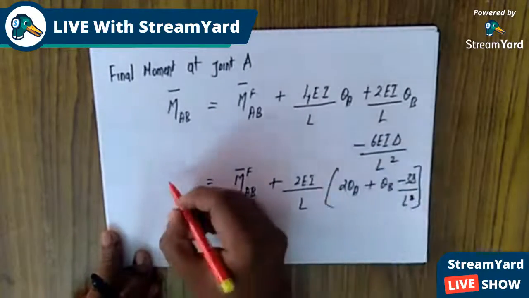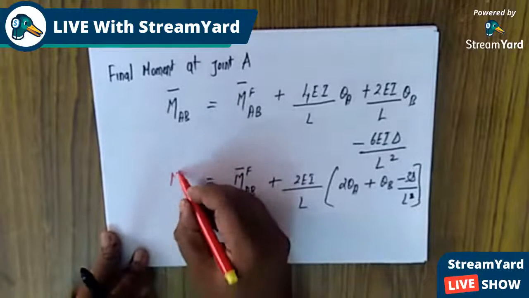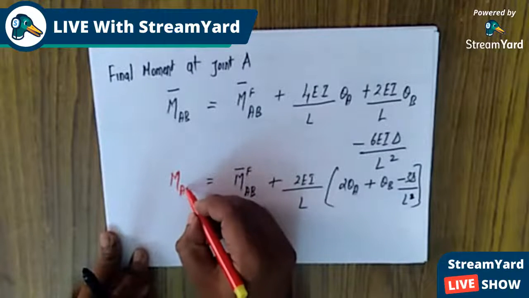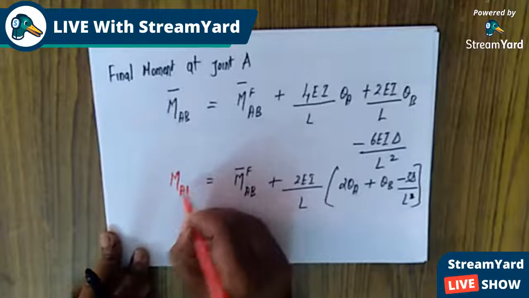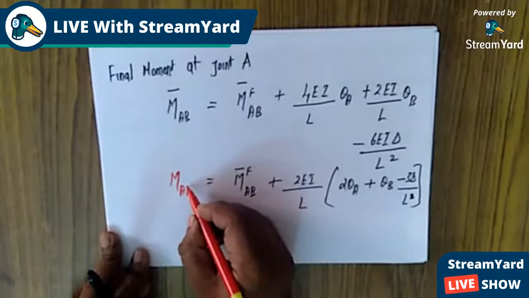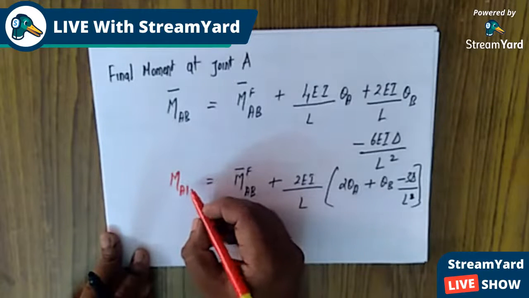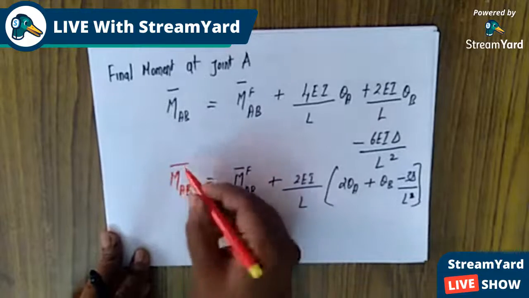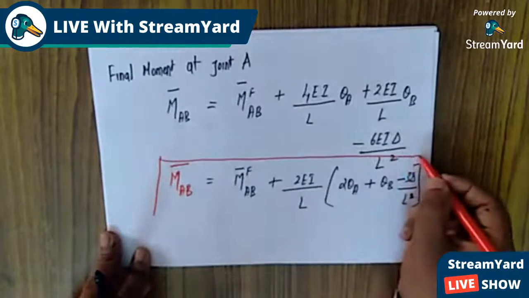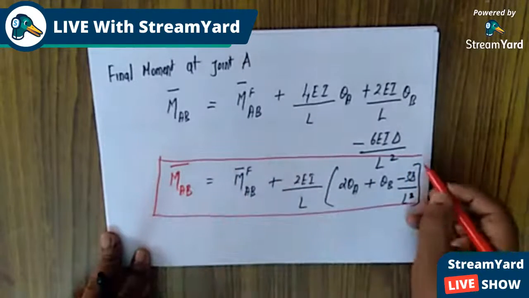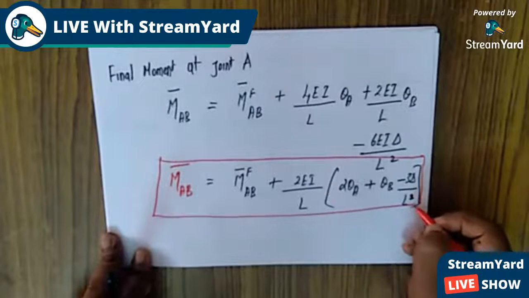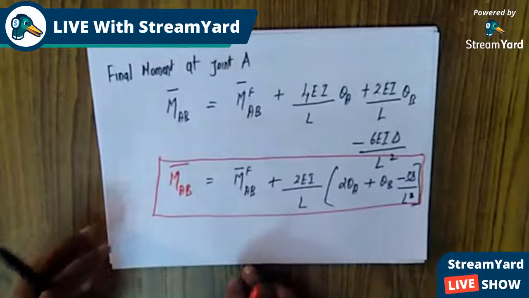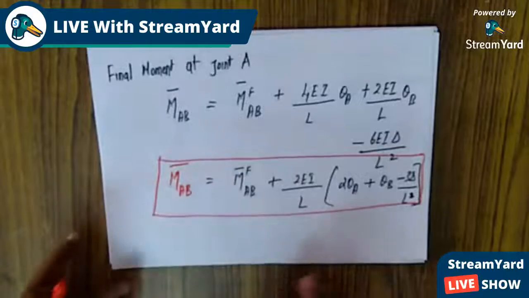This equation is called the final slope deflection equation, or also the force displacement relationship. This is the equation which is required to find the final moment at joint A.